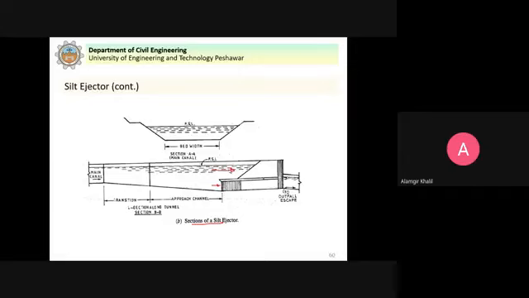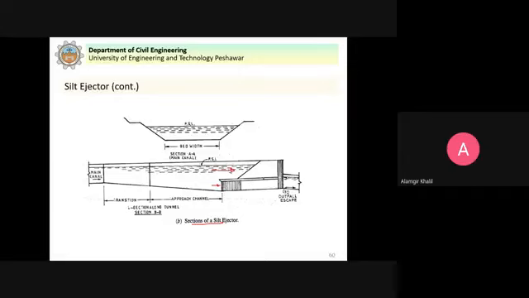The construction materials should be available in large quantities in close proximity of the site. At the site, the river section should preferably be narrow, because otherwise the length of the weir and barrage will be more, which will add to the cost.